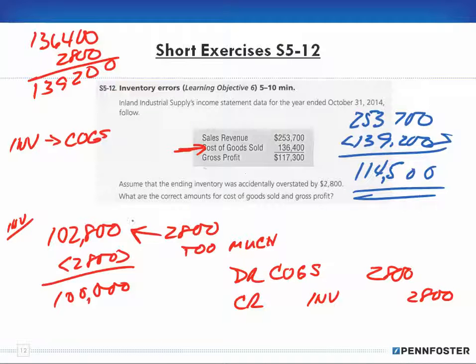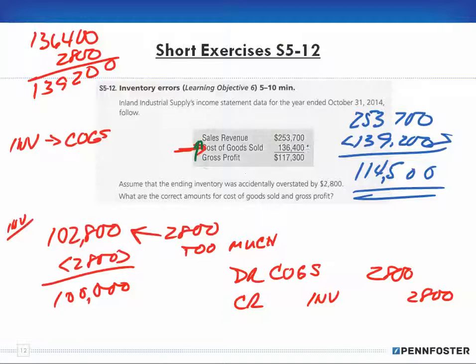I mean, I didn't, because I understand the relationships and the underlying concepts, I know that when I think it through, when my inventory is overstated, that means my cost of goods sold, when I take it out of inventory, that decreases. My cost of goods sold increases.